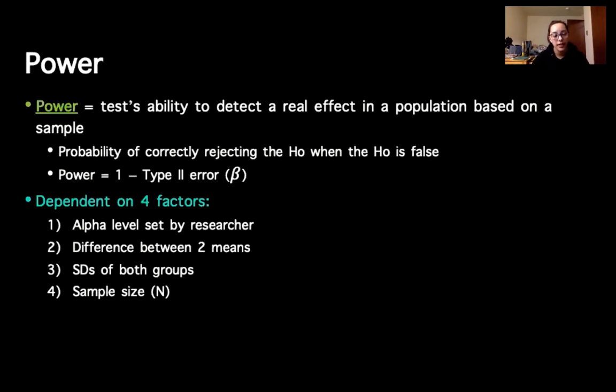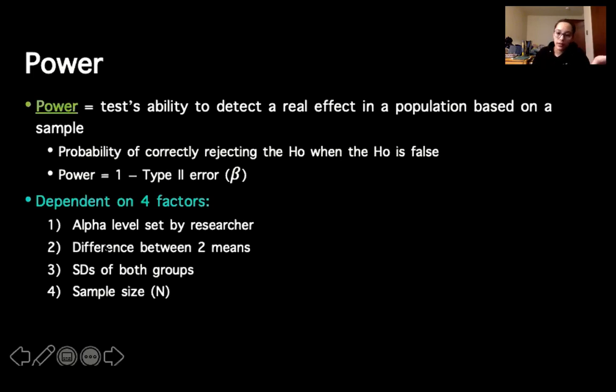So alpha is 1 factor. Typically, it's not going to have that big of a weight on type 2 error because you set alpha before you run your statistical test. So the value doesn't change, that you determine that, but it does somehow affect beta, which I'll show in an example in a graph.